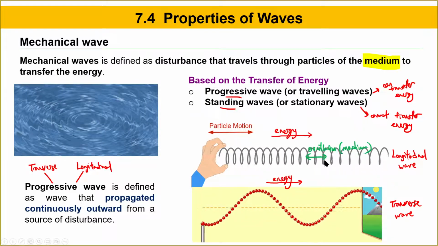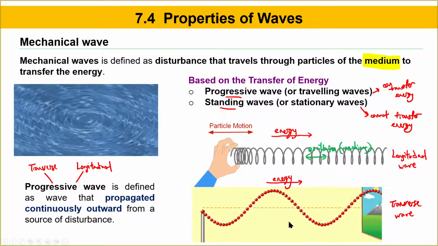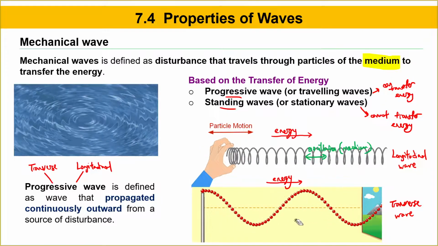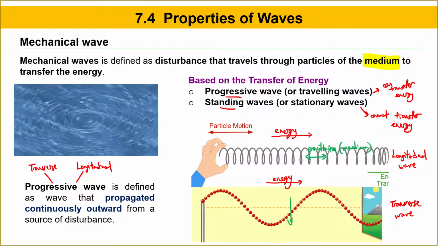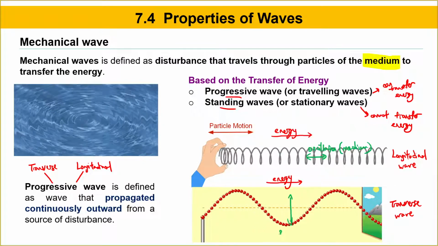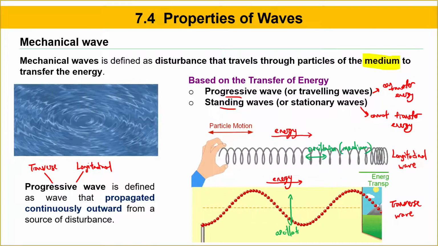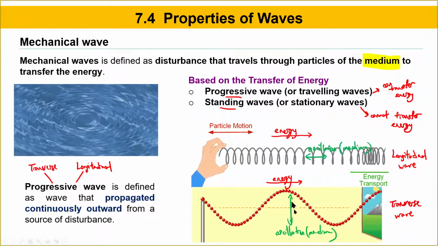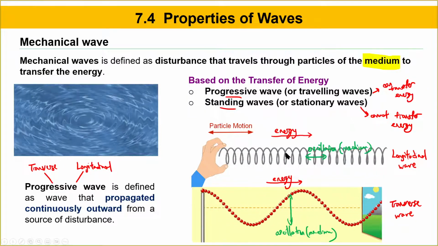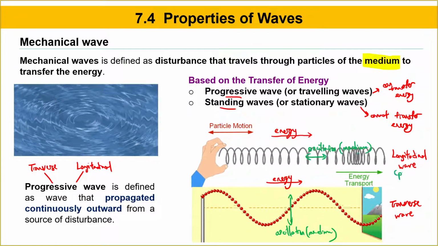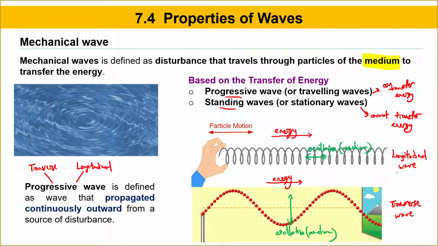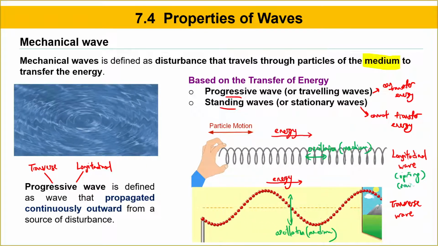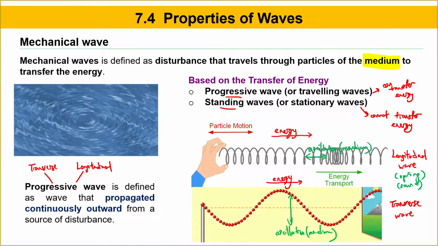But for this one, the oscillation of the medium is perpendicular to the energy transmission because it is vertical. Right? Even a sound wave, through the air particles, is also a longitudinal wave.